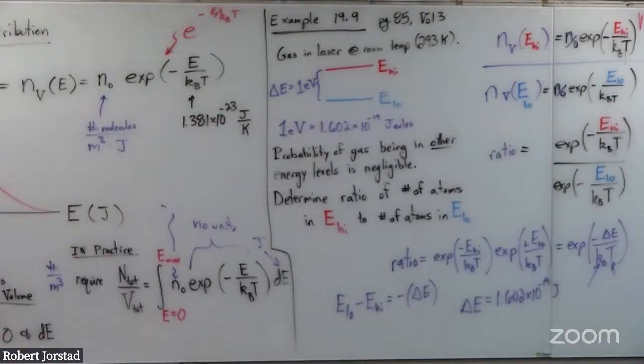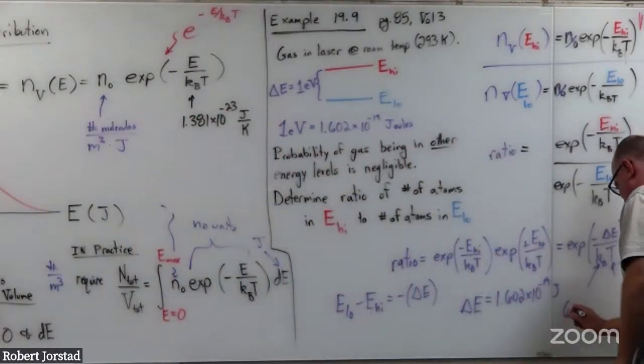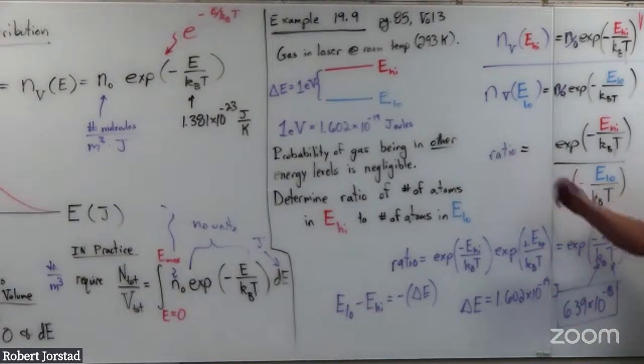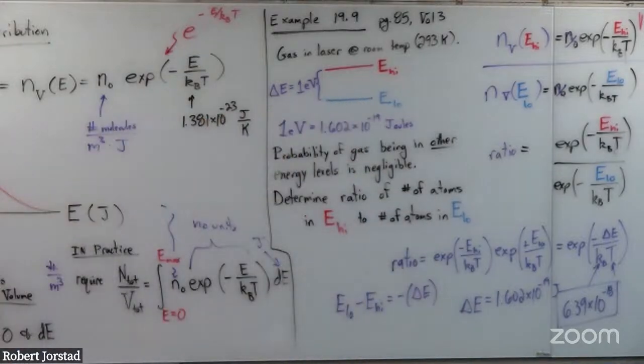What did I find? 6.39 times 10 to the minus 18. That's the ratio. So the ratio is this number. And I just want to confirm that one more time. 6.39, 10 to the minus 18.